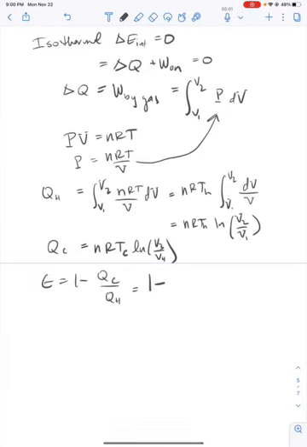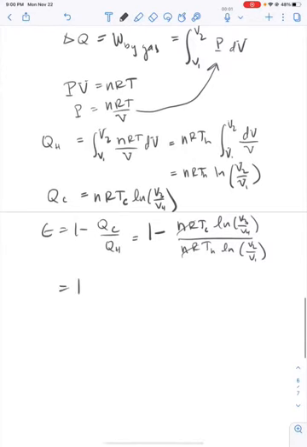So that's 1 minus nRTC log V3 over V4 over nRTH log V2 over V1. Right, so those nRs cancel out, okay? And we have 1 minus TC over TH times log V3 over V4 over log V2 over V1.